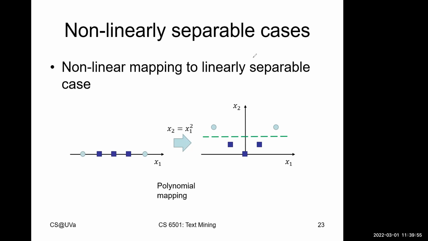Here we increase the dimension, and the net result is that in an increased dimension feature space, we can have a linear decision boundary. So these are mathematical tricks that are applied in lots of different places.